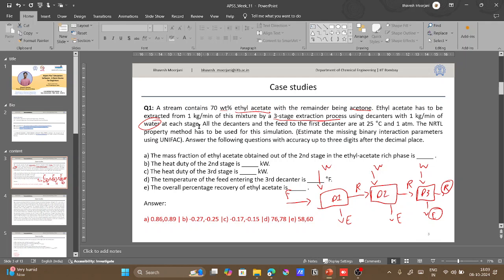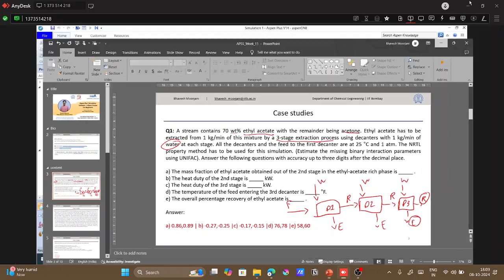So let's say acetone has more affinity towards the water, so that should come out in my extract, which will be rich in water and acetone, and my raffinate will be rich in ethyl acetate. If ethyl acetate has more affinity towards the water, then in the extract I should have both ethyl acetate and water as majority components, while my raffinate should have the acetone. Okay, so here we don't know it.